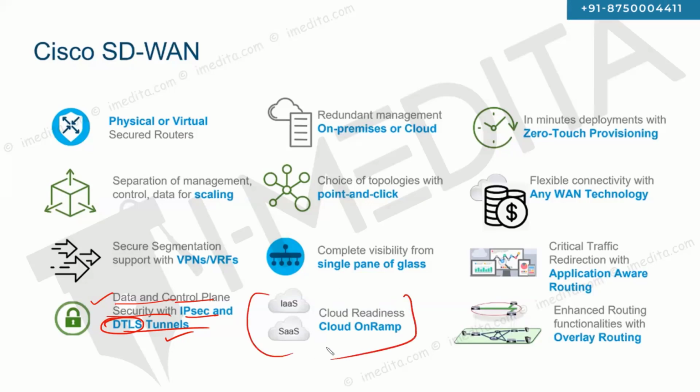Cisco SD-WAN is ready for cloud. For software as a service, like if you have Office 365, Dropbox, Box, Salesforce, you can integrate your SD-WAN with those SaaS-based applications.